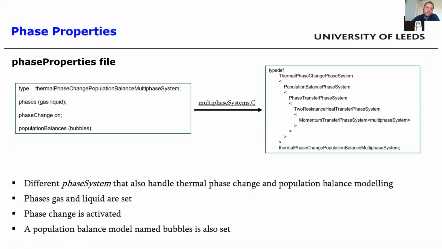With respect to the previous one, this also has capabilities to handle heat transfer and phase change, and also a population balance model. And you see that, again, after defining the phase system, we define the two phases. We say that phase change is on, and we also initialize our population balance.